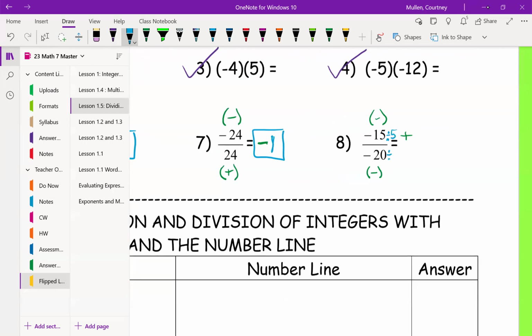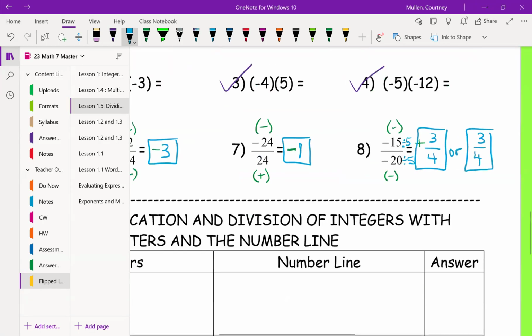Did you think about 5? Great. 15 divided by 5 is 3. 20 divided by 5 is 4. So our quotient is +3/4. You don't need that plus sign to indicate positivity, so you could just write the simplified quotient as 3/4.